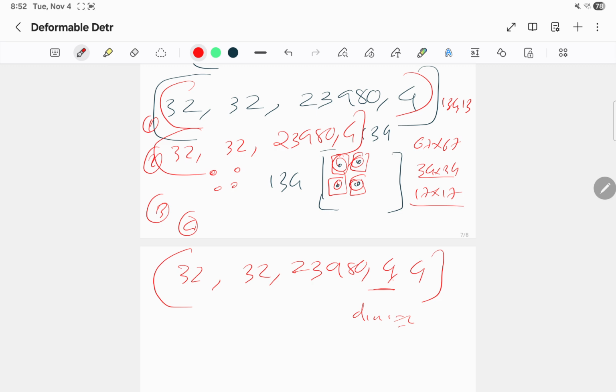Now you will rearrange them to batches and heads, and essentially this is actually 4 into 8, right? And this will become 16. Okay, maybe I can show the summation first. You can flatten them, and now you will have 32, 32, 23980.